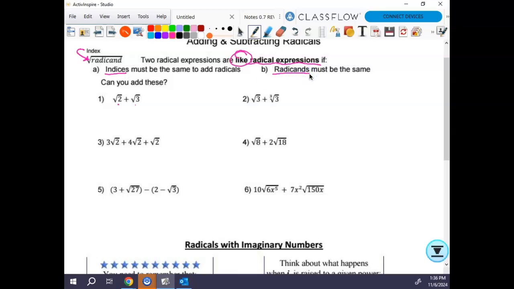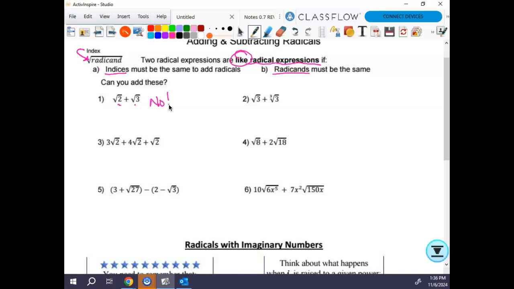So the index being 2, 3, 4, whatever, those are the same here because these are both square roots, so A works. But the radicand, what's inside, they do not match. So here the answer is no, we cannot do that. Square root of 2 plus the square root of 3 is just square root of 2 plus the square root of 3. That's all we can do.